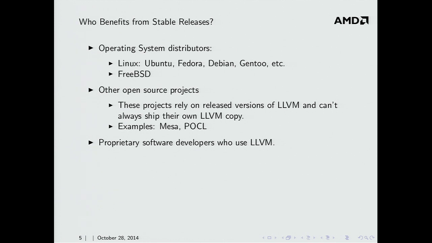They're not really stuck, but they just need to use whatever comes on the system. So if they have an avenue for getting bug fixes into the system version of LLVM that's distributed by their operating system, that's a good thing, and that really helps their projects.